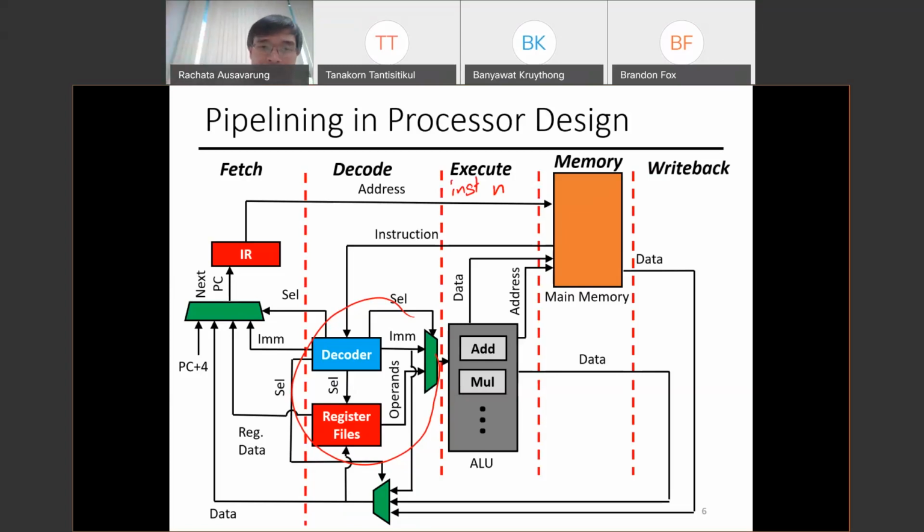N-1, yes. How about write back? That's going to be instruction N-2. And over here, you are decoding instruction N+1, and over here, you're fetching instruction N+2. Are you all with me?